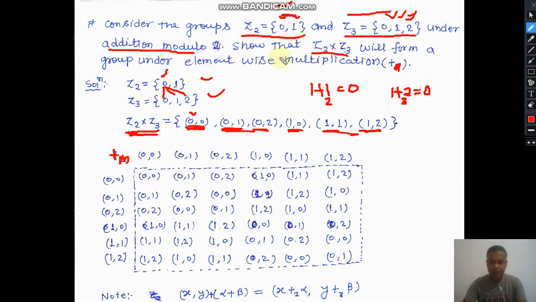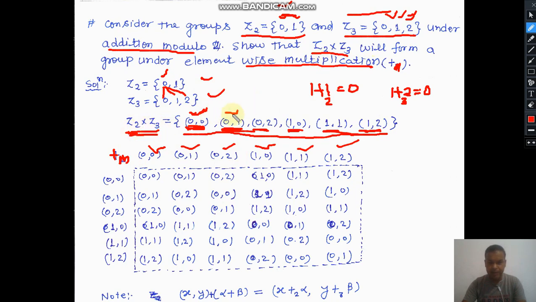Now because this set Z2 cross Z3 has a finite number of elements, we have to create a composition table. Here we are writing this composition table. You write all 6 ordered pairs row wise, and these ordered pairs again column wise. Now you are taking the addition sign. Please note it, here I am writing the word multiplication, because this data is generated by taking the multiplication operation between Z2 and Z3.